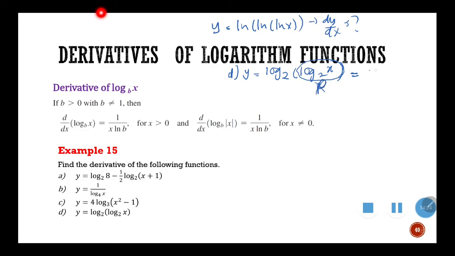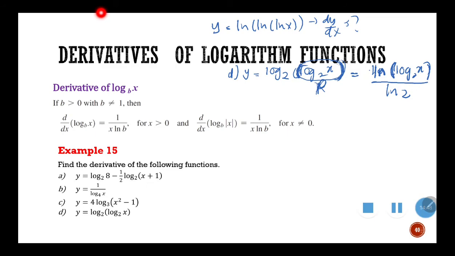Maknanya kat sini kita akan ada ln of p over ln 2. Ni adalah p kita tadi kan, this p, log x base 2. So saya tak tulis p lah, saya tulis balik log x base 2. I hope you understand. Alright.